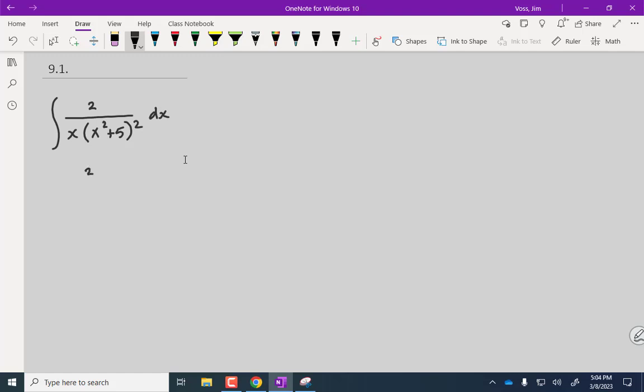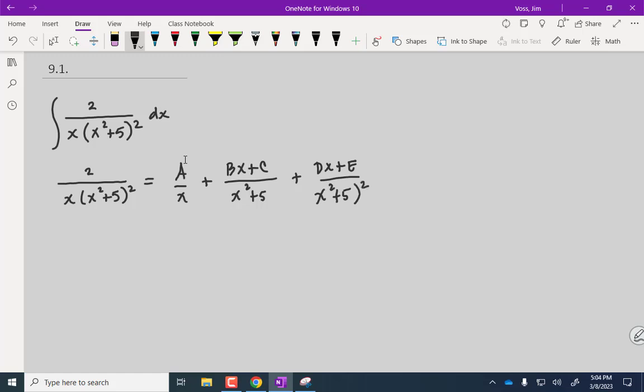So we're going to take the inside of the integral, and we're going to write this as a over x plus bx plus c over x squared plus 5 plus dx plus e over x squared plus 5 squared. So that is the PFD.